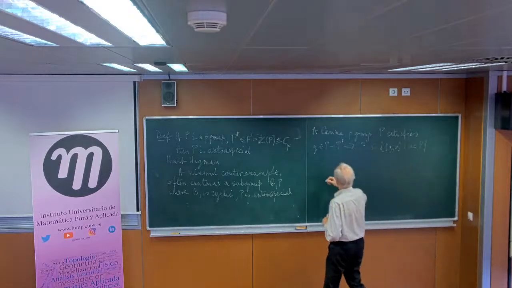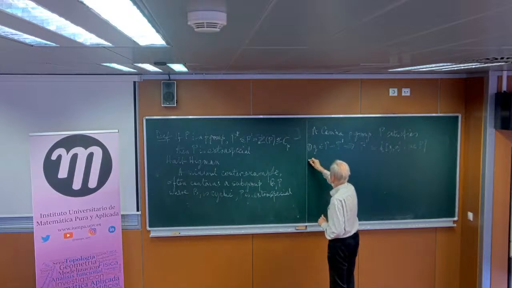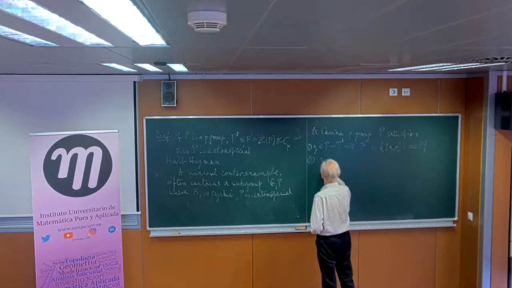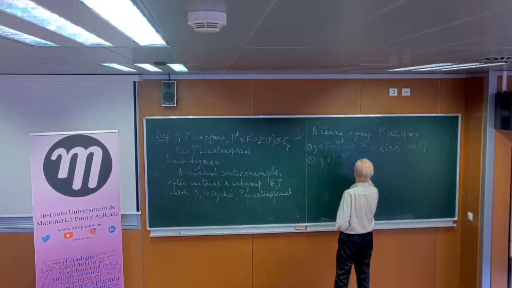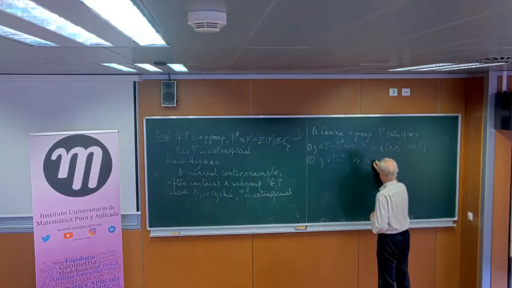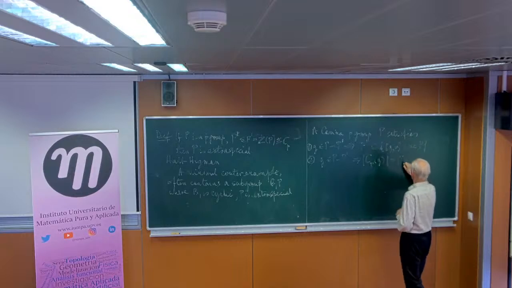So that's another point which is not too difficult to see: something equivalent to this statement is that if G is in P minus P dash, then the order of the centralizer in P of G is the index of the derived group.